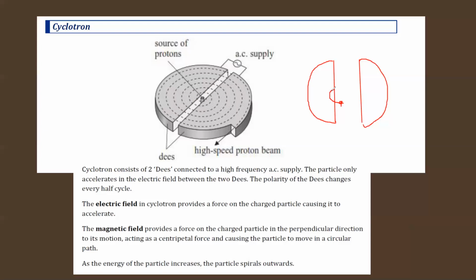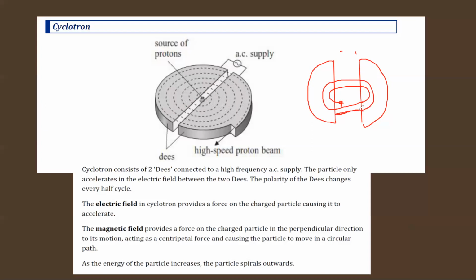Why is there no change in speed? Because there is no electric field within the D. But the moment it arrives at the gap, it will accelerate, and then again it will deviate. Again it will accelerate and deviate.